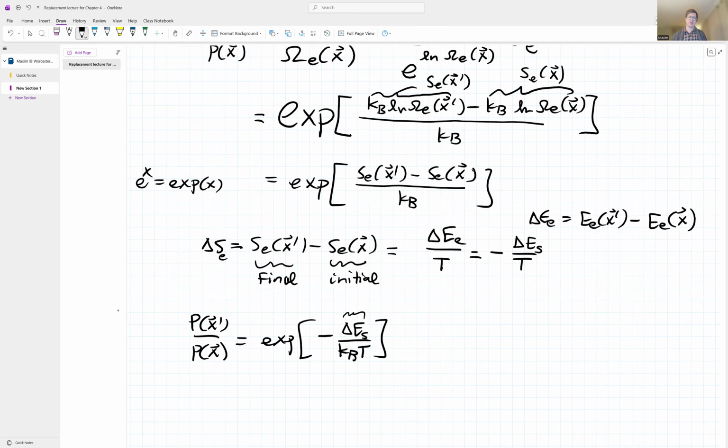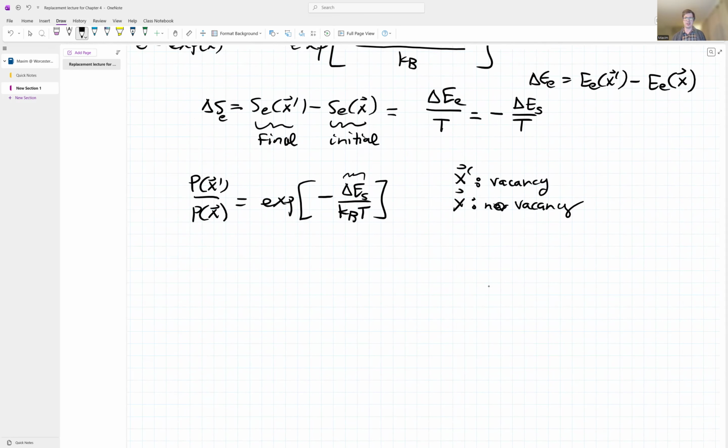And now you can see how you can use this to calculate the fraction of vacancies, because, say, x prime is a vacancy and x is no vacancy. In that case, if we're just considering our solid as a single lattice location, the state x would just be a single lattice location with an occupied atom versus unoccupied.